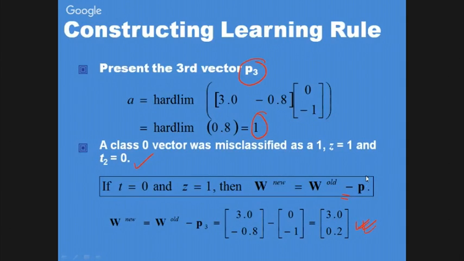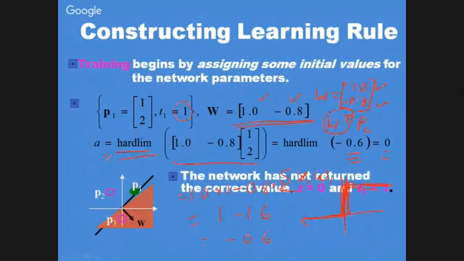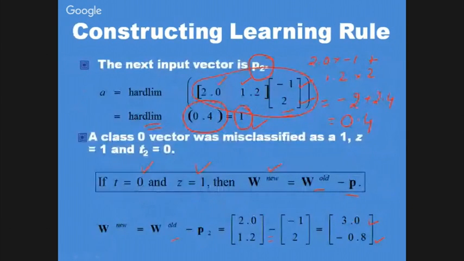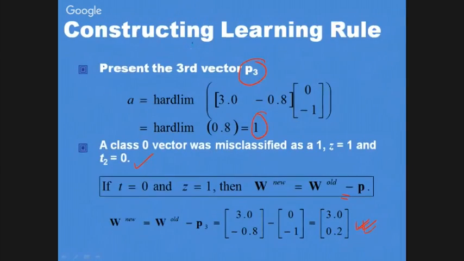Now after 3 and 0.2, again we have to see whether we are getting the same value for P1, P2 or P3. P1 is 1 and 2, and target is equal to 1. So let me calculate. Here the final weight is 3 and 0.2.